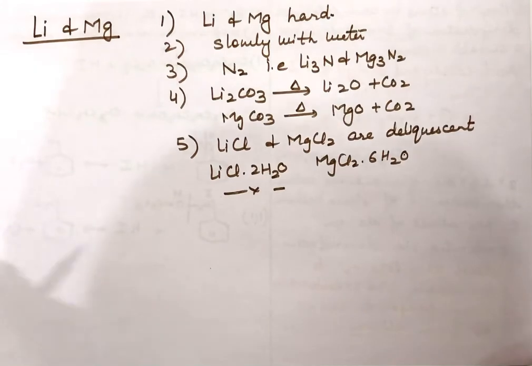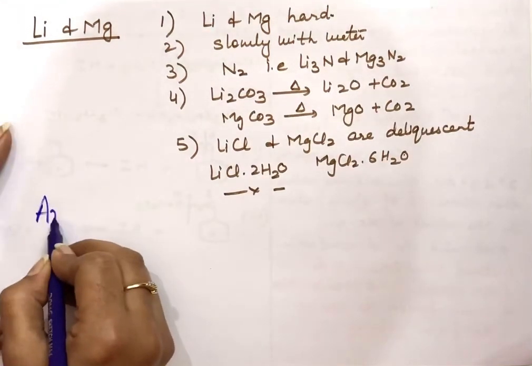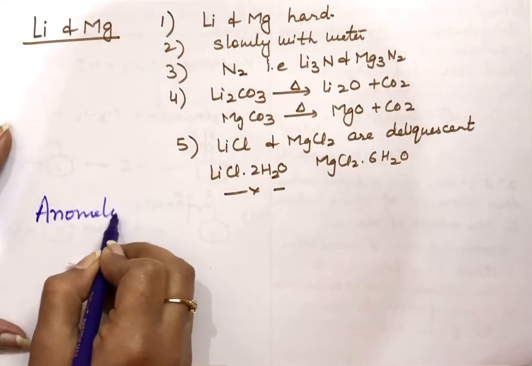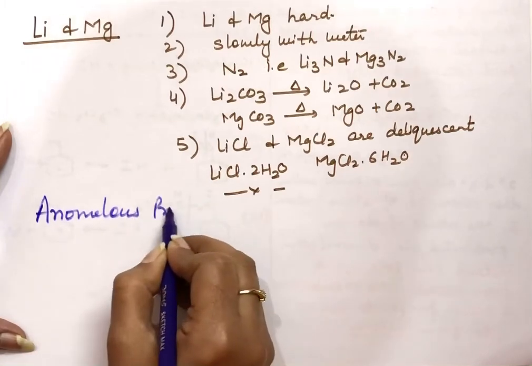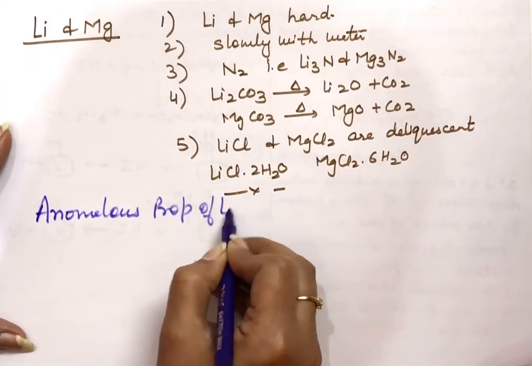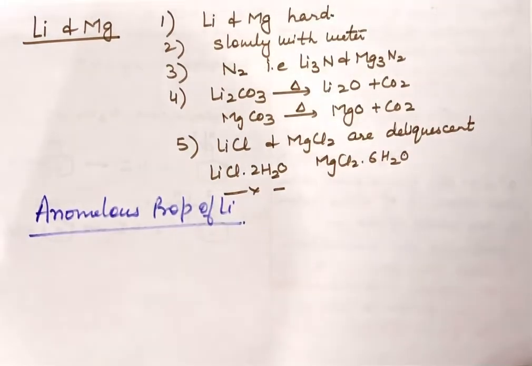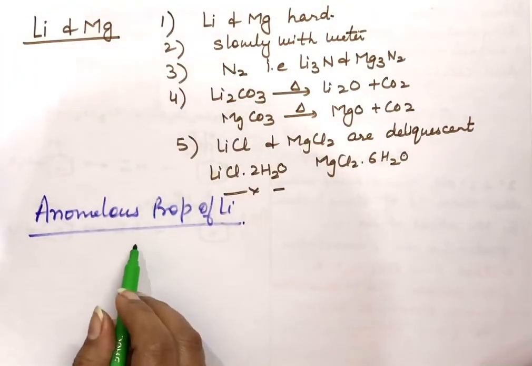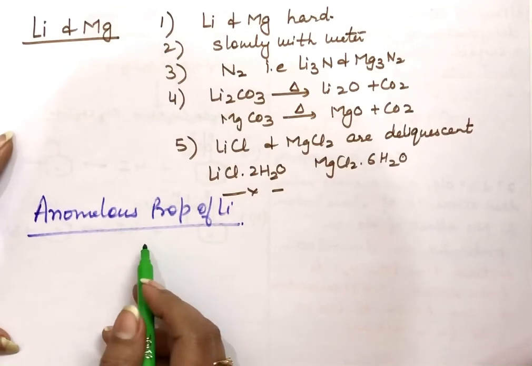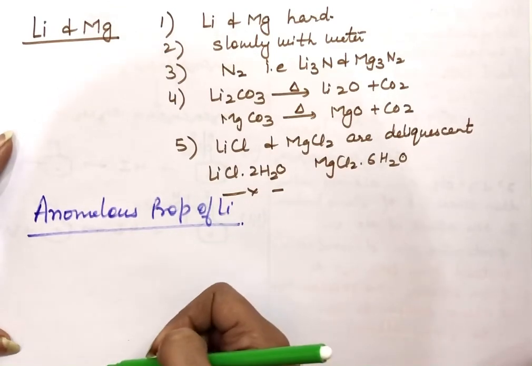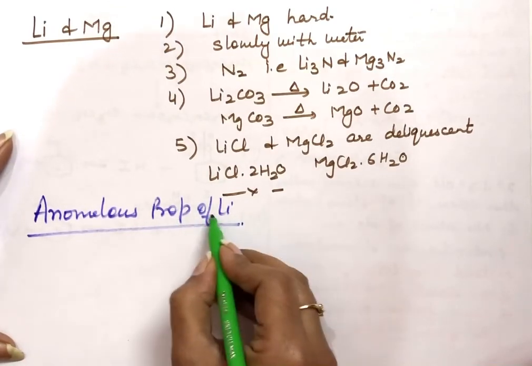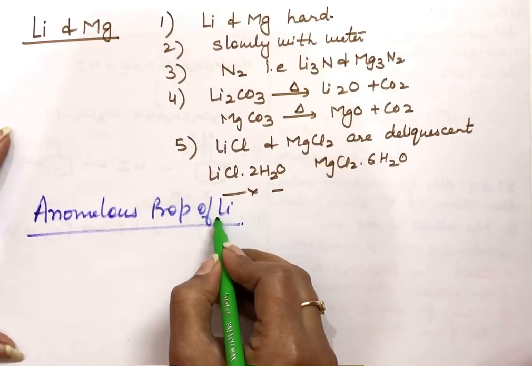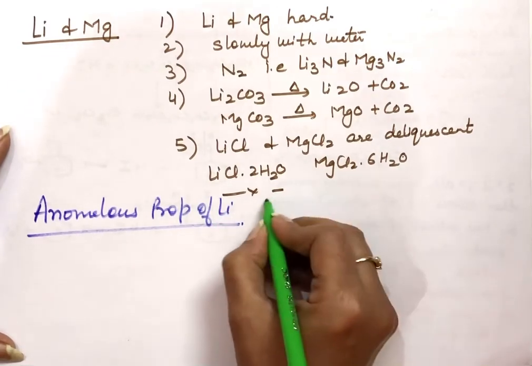Now the last part of the alkali metals is the anomalous properties of lithium. The properties in diagonal relationship of lithium with magnesium, only those match; they do not match with its own group elements. What's the reason for the first element of a group to show anomalous properties?